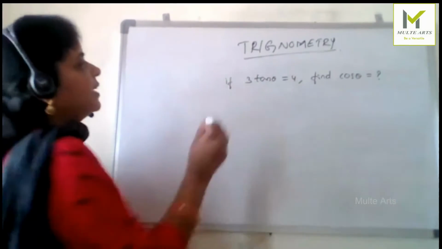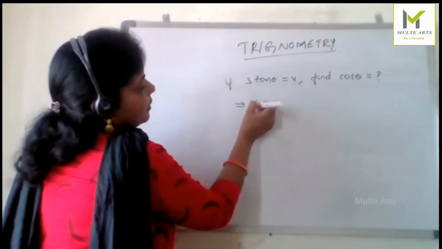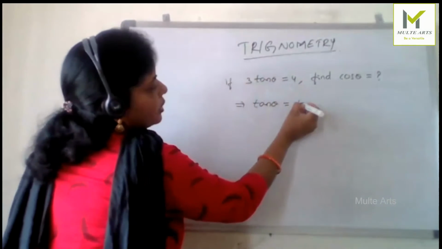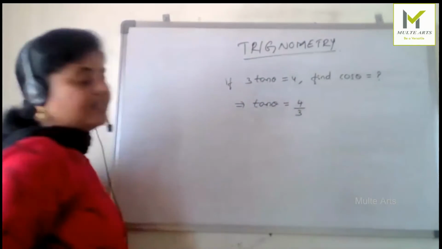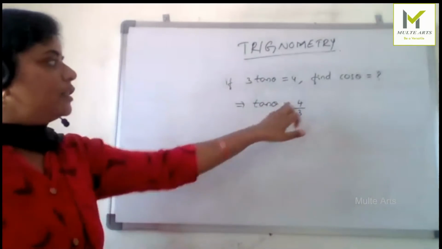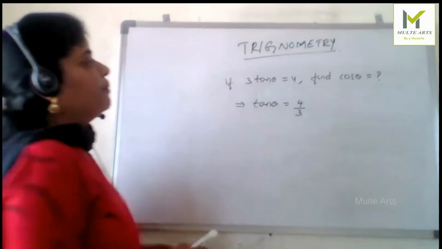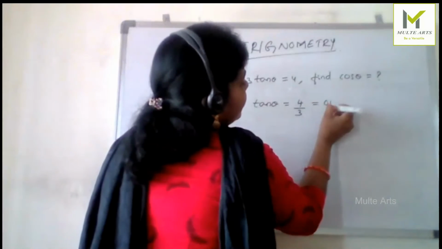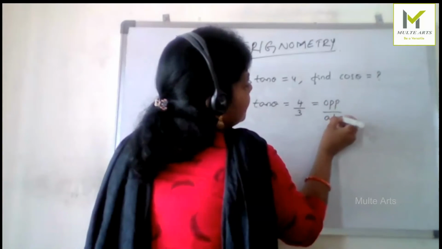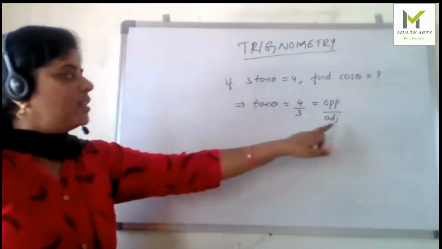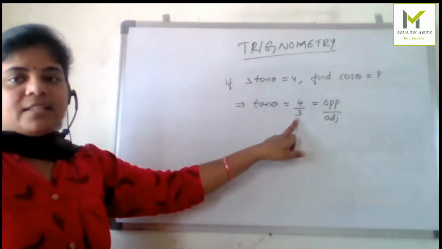From this we can easily pick out the tan theta value. 3 will go to the right hand side, so it will become 4 by 3. Tan theta is equal to 4 by 3. And we know that tan theta is equal to opposite by adjacent. That means here the opposite value is 4 and the adjacent value is 3.